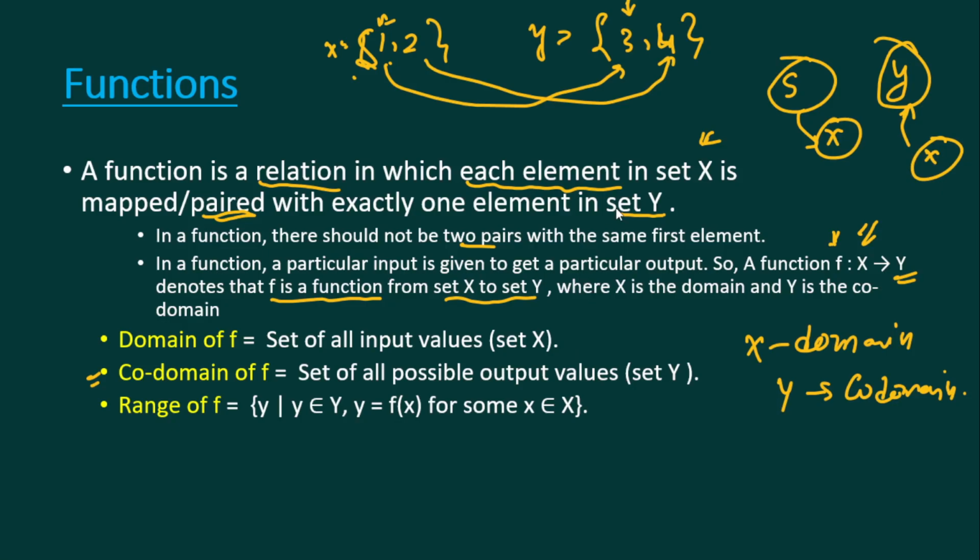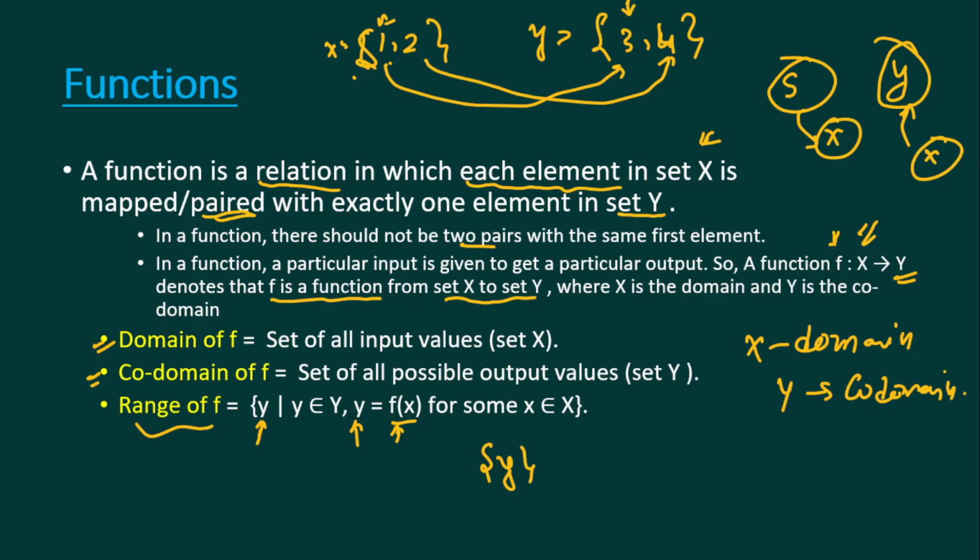Now, the range of a function f is nothing but the values of y that we actually get when we put the values of x in the function. So the range is all the values we get after putting the domain in the function.